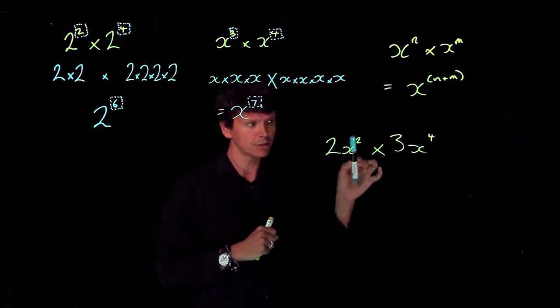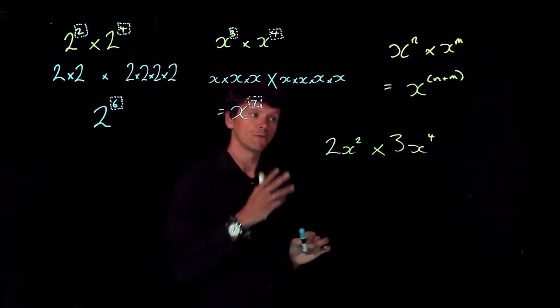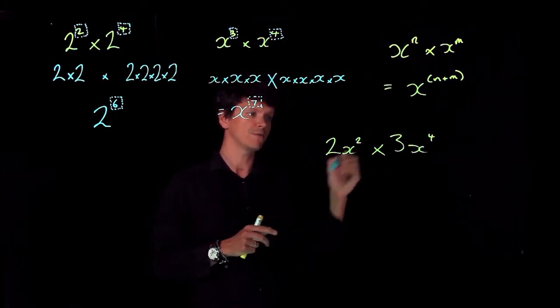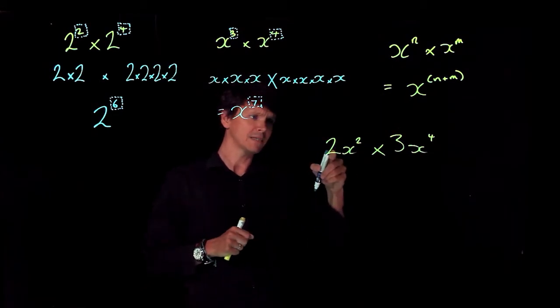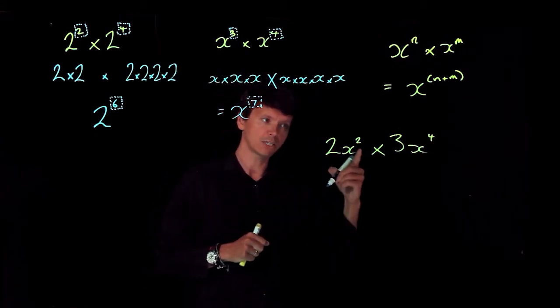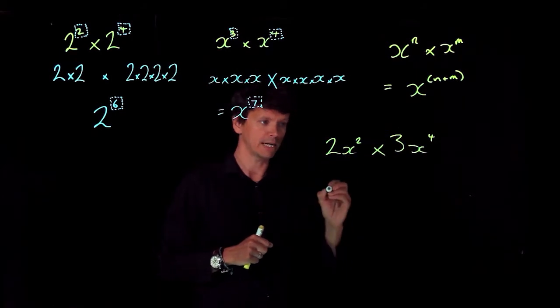But what do we do first? When we've got a power or an index and a multiplication, from BIDMAS, we do the x squared first. So that means 2 lots of x squared, 2 times x squared.